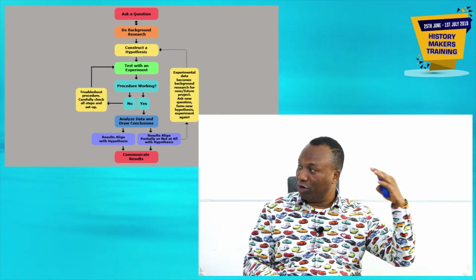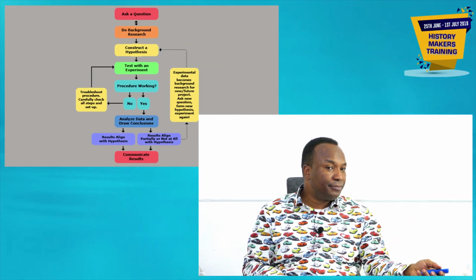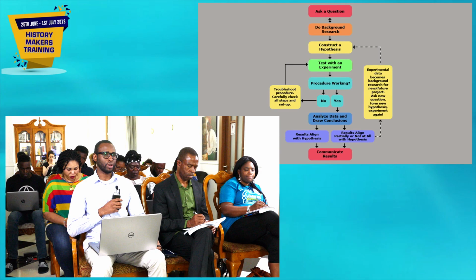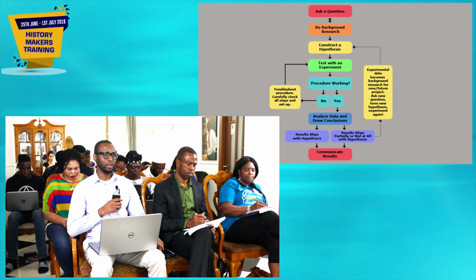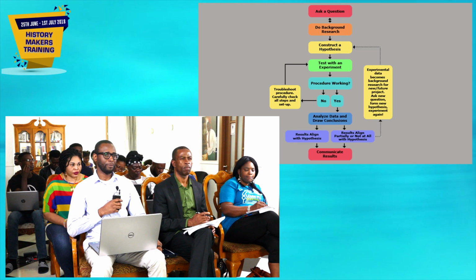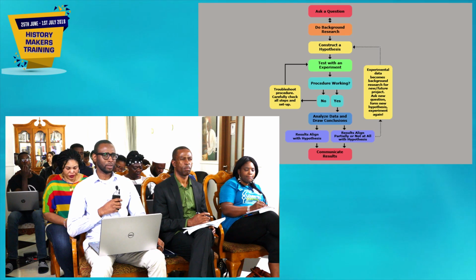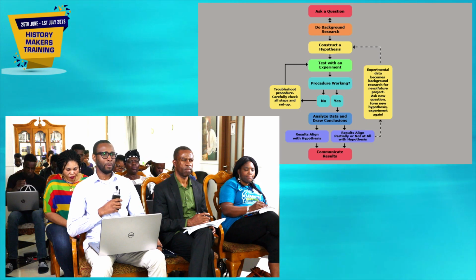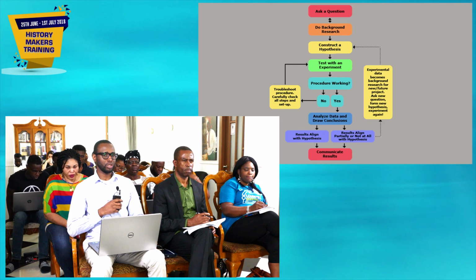I'm going to be repeating them over and over again. Number one, ask a question. Number two, do background research. Number three, construct a hypothesis. Number four, test with an experiment. Number five, procedure, check if procedure is working.